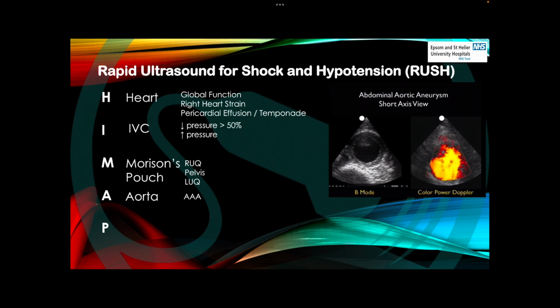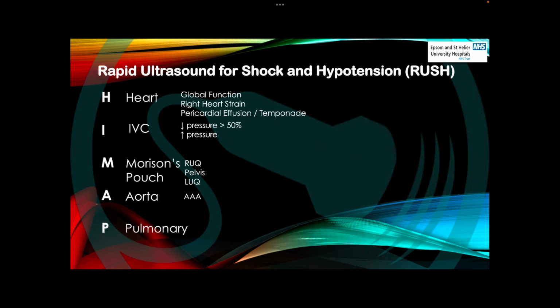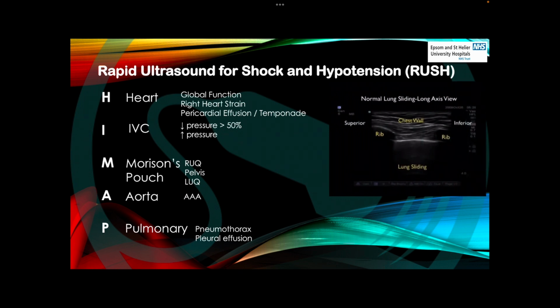Okay, so let's talk also about the P, which is the pulmonary area. What are we looking for? We are looking for if there is any pneumothorax or if there is any pleural effusion. So in pneumothorax, normally this is a normal ultrasound. You can see that in this ultrasound there is a sliding of the pleura.